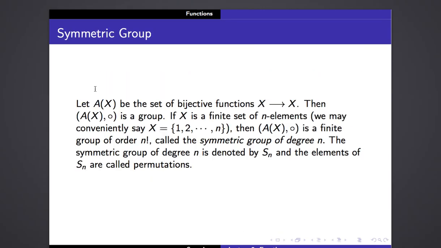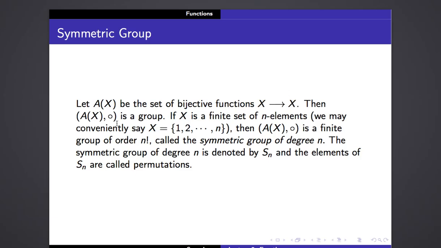Next I would like to talk about the symmetric group. This must sound familiar because I introduced the symmetric group in my first lecture, the overview. Let capital A of x be the set of all bijective functions from x onto itself.